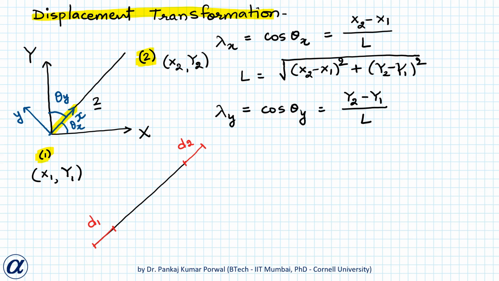And let's say the nodal displacement at node 1 in capital X direction is capital D1x, and that in capital Y direction is capital D1y. And same at node 2 also. Now these angles will be equal to theta x and theta y. Same at node 2.